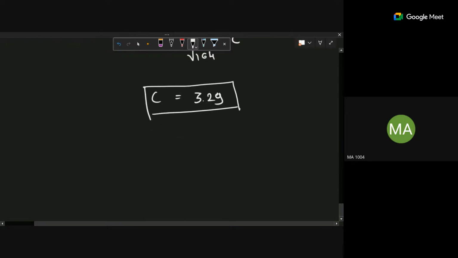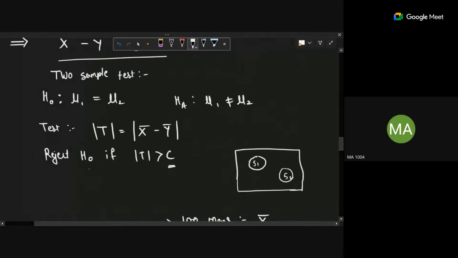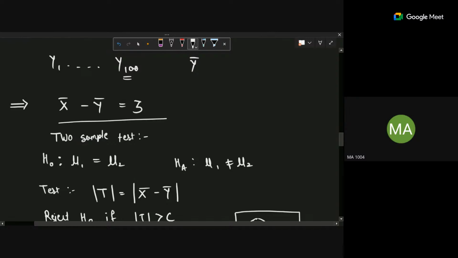What is C? C was actually for modulus T, right? If modulus T is greater than C, then in that case we will reject our null hypothesis, saying that the time spent by men and women is not the same. So the difference was given to us, right? Modulus x bar minus y bar was given as 3.